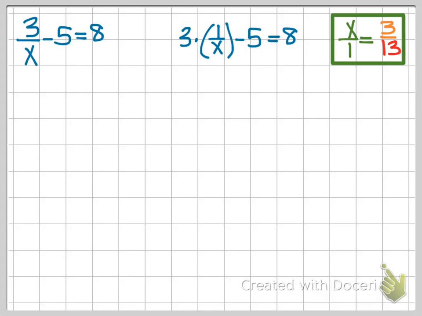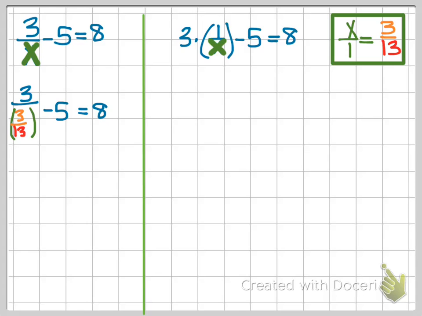So I'm going to input my solution into my equations, similar to function composition. I'm just going to substitute in these values and simplify, and we should get the values to be equivalent. So 3, substitute with the x, which is 3/13, taking away 5 positives is equal to 8.